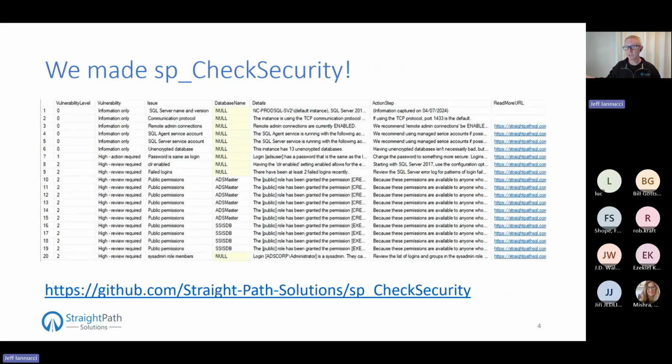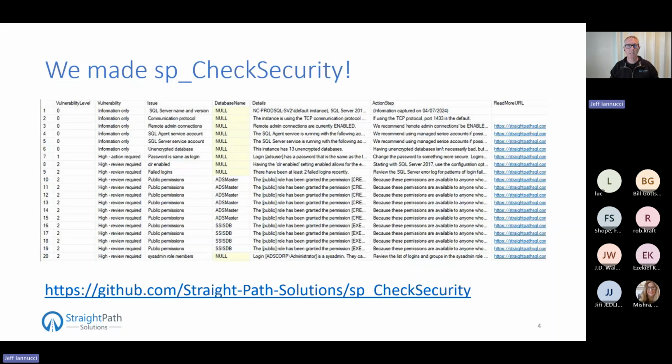You can go to the Straight Path Solutions GitHub repository and download that. We update it from time to time with new things that we found, and you just run this and it will tell you, these are potential security vulnerabilities for your SQL Server. There are a lot of read more URLs that have further information if you want to look into particular things, if you don't know why something is an issue or not. Again, this isn't a commercial.